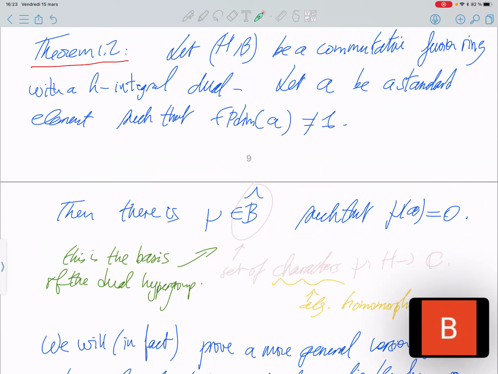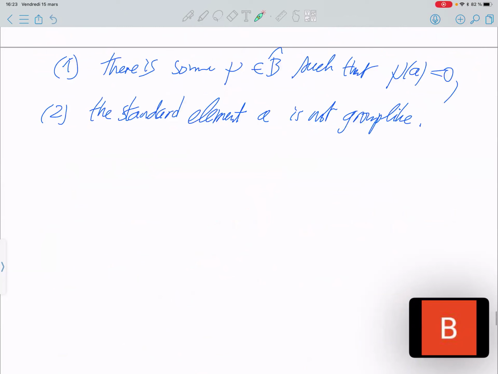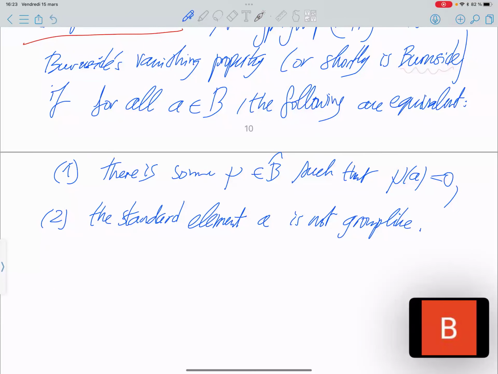Yeah. Is it true for the character table of a group? Wait. Should be okay. Yeah, I guess it's okay. Anyway, so you have this equivalence. Okay.